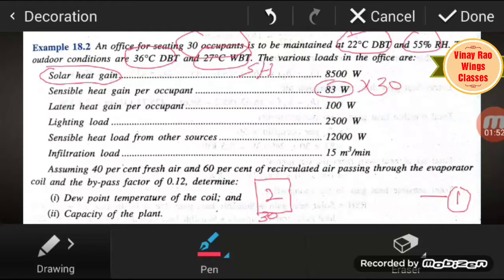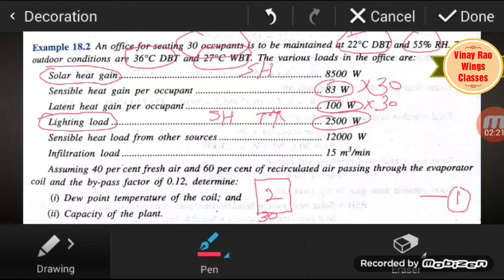The latent heat gain per occupant, multiplied by 30, gives the total latent heat from all the sitting persons. Lighting load is a sensible heat load, because there is only an increase in temperature and no change in humidity.